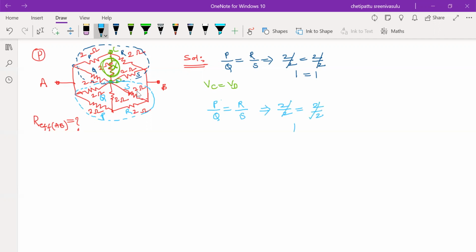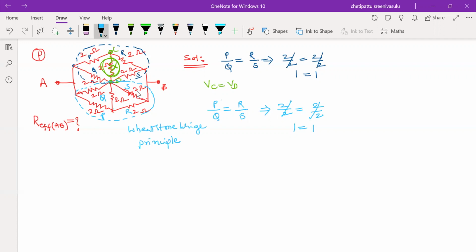Here you get 1 equals 1. It obeys the Wheatstone-Bridge principle. P by Q equals R by S.